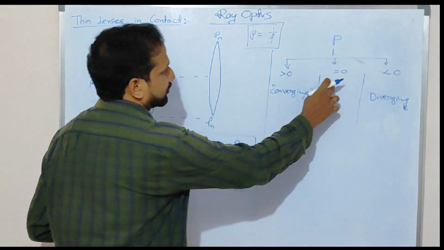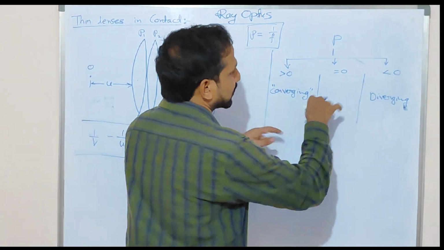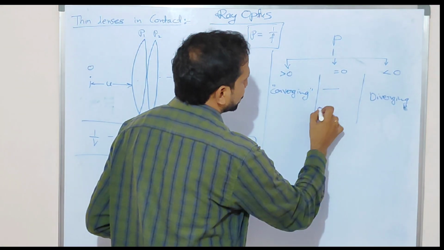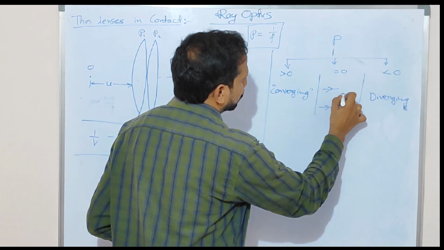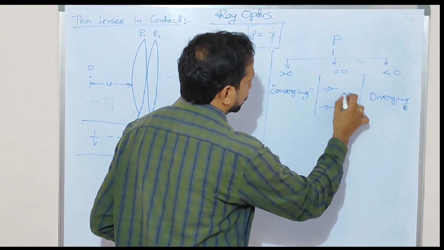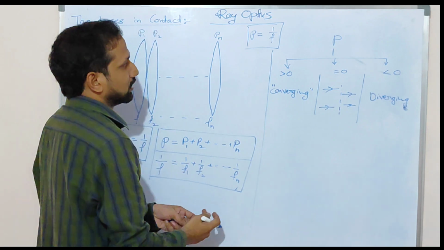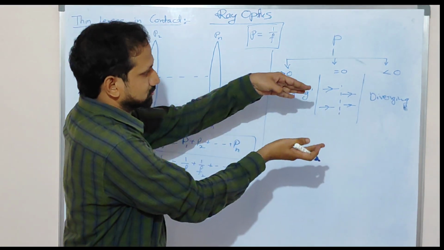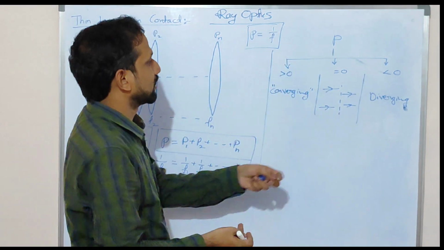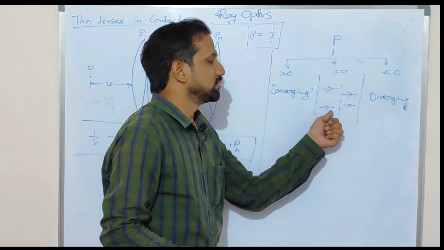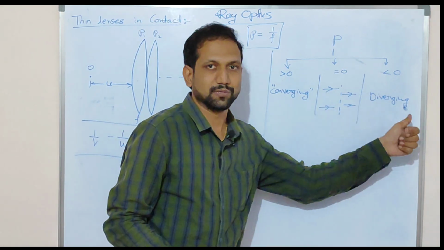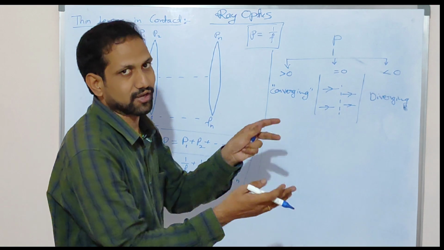The total system neutralizes so that a parallel beam will go out again as a parallel beam. There may be narrowing or widening of the beam, but a parallel beam incident will go as a parallel beam only. It will not converge or diverge.